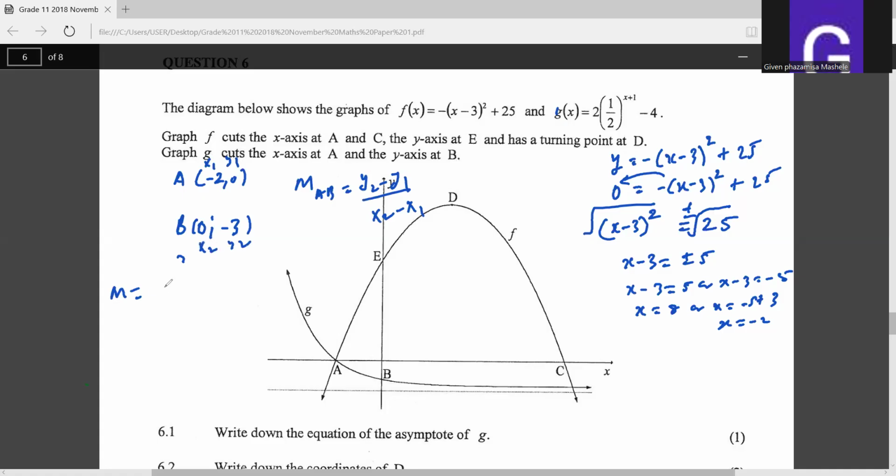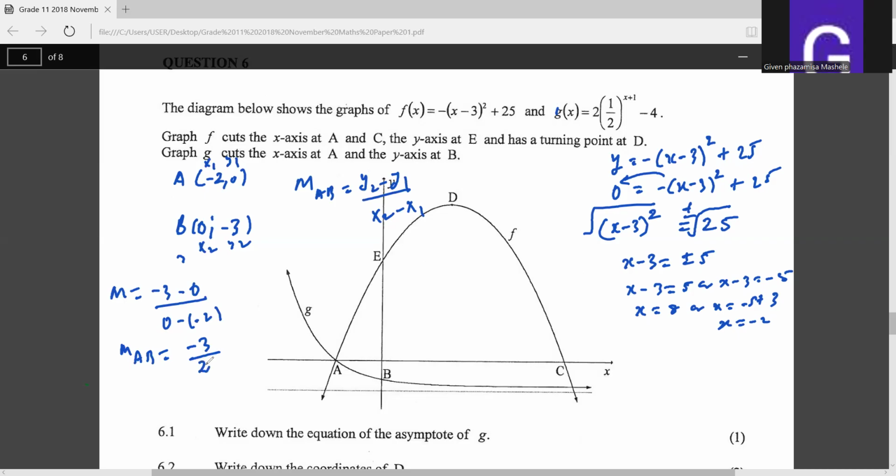So what is y2 minus y1? It is 3 minus 0. And x2 minus x1 is 0 minus negative 2. So this will give us the gradient of AB to be 3 over 2, sorry, minus 3 over 2.